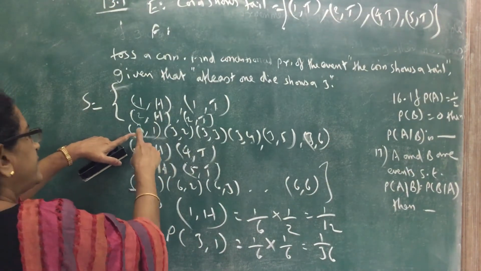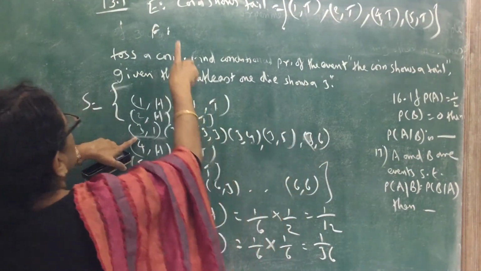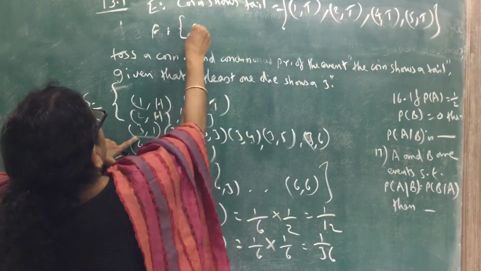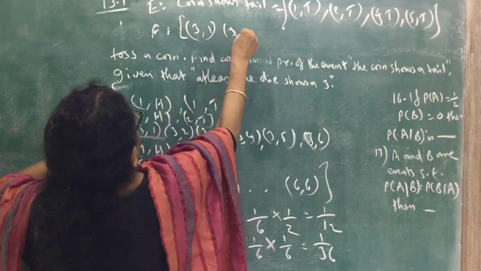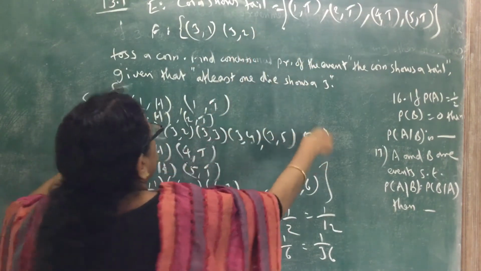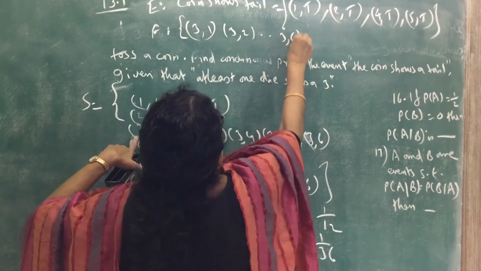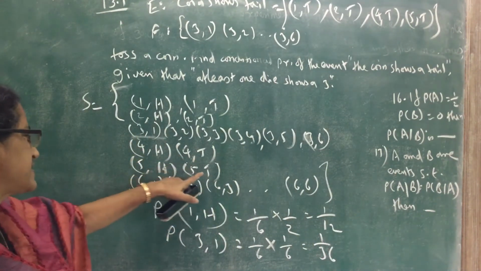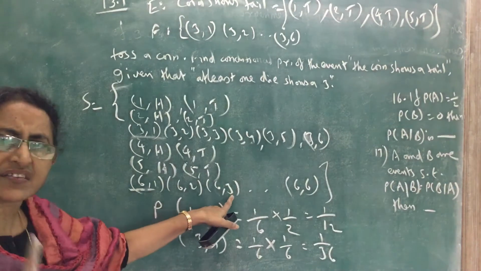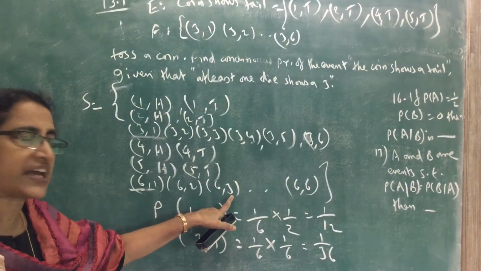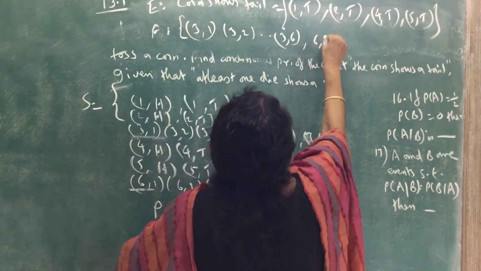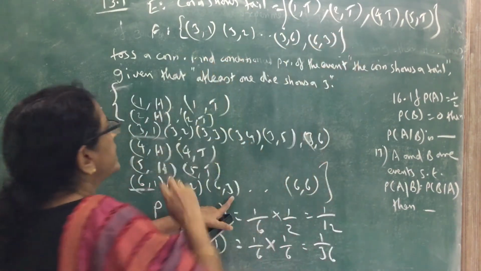I am writing directly the event: (3,1), (3,2), etc., up to (3,6). Then in this case nothing, here at least 1,3. So (1,3), (6,3). These are the elements in F.